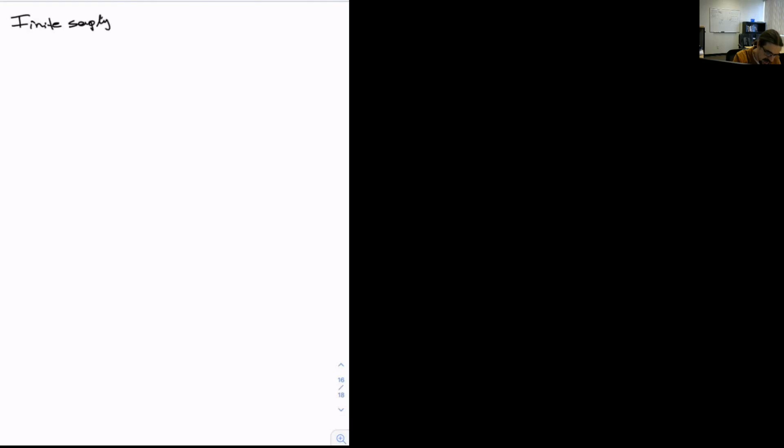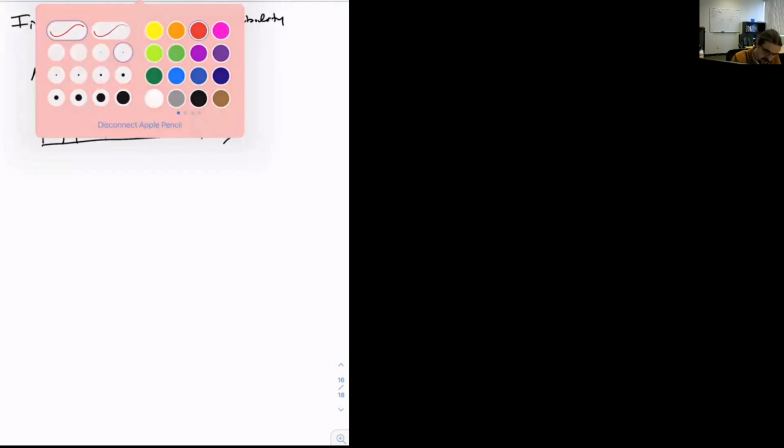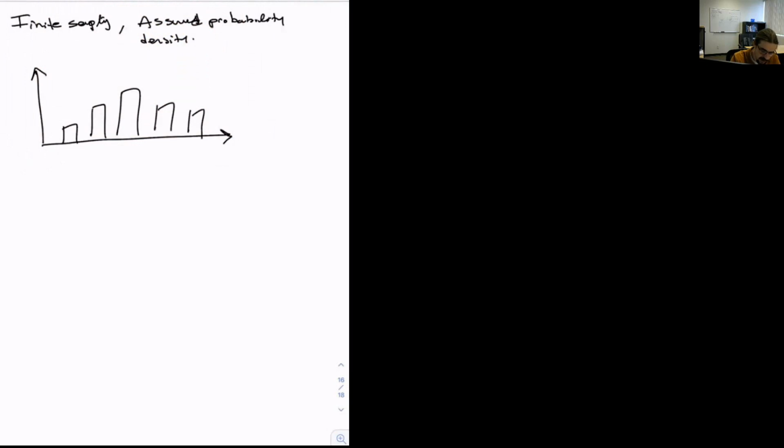Sampling, and also assumed probability density. What I mean by that is, if you have measured 20 measurements, as we did in our first example, and come up with a histogram like that, first of all, you're going to have to rely on your sample size.